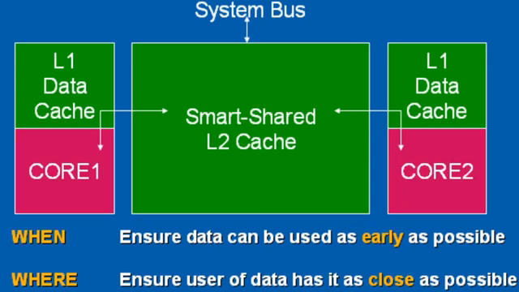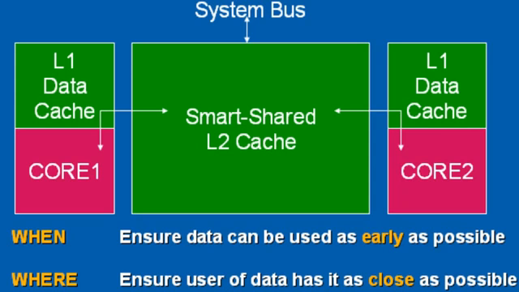It's also known as memory cache, and there are four levels. Level 1 cache is built into the processor.